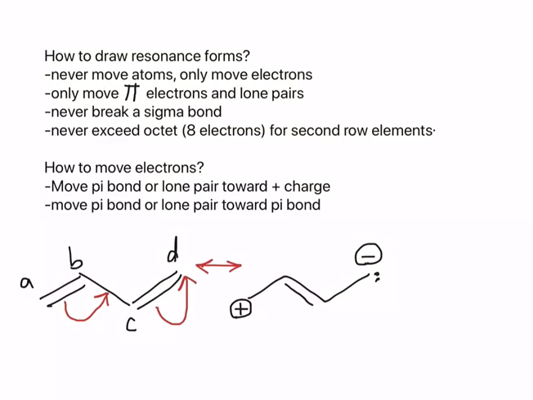So there will be a negative charge, a lone pair, on D, and a positive charge on A, because now A has only 3 bonds. And of course, there is another resonance contributor, because pi bonds can move in the other direction, like this. And the other resonance contributor would be this form.